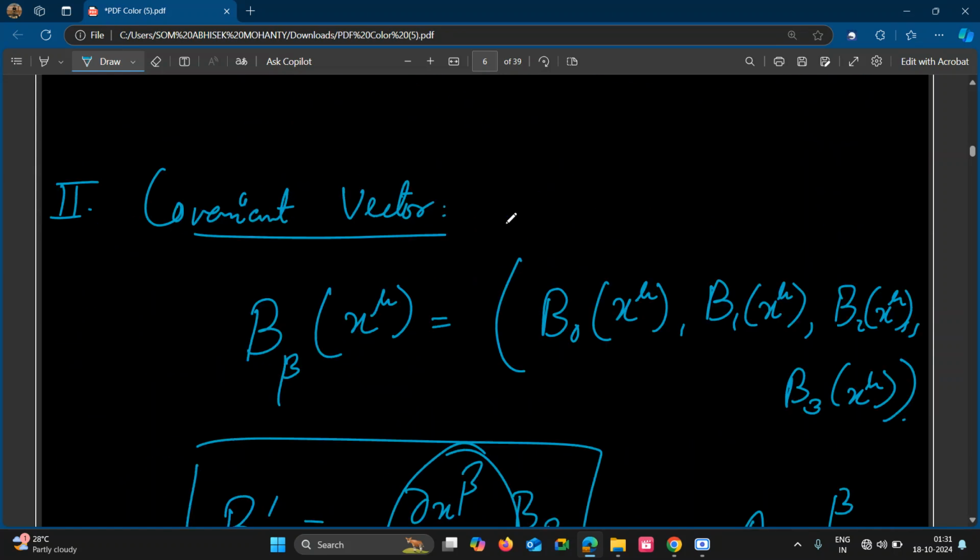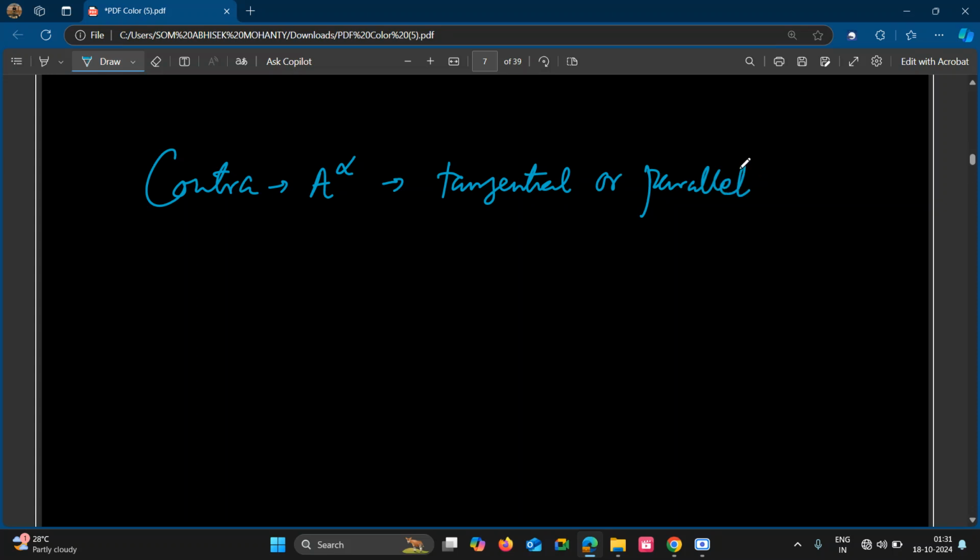So let's write this point. Contravariant a alpha can be thought of as tangential or parallel projections of the vector on the coordinate axis. If someone asks you the physical significance of it, you can say that.